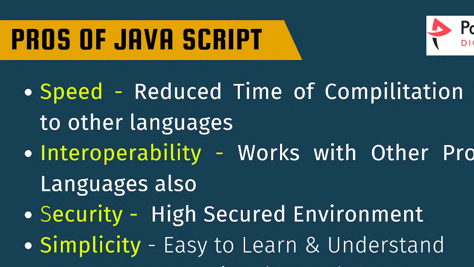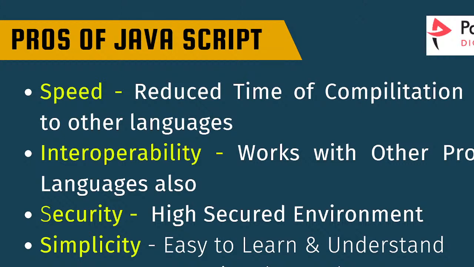But whereas interpreter executes the code line by line, one after the other. So the basic difference between a compiler and an interpreter is compiler runs and debugs the complete code at once and executes the code, whereas interpreter executes the code line by line, one after the other.